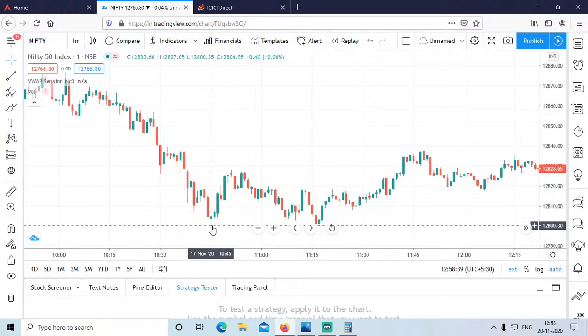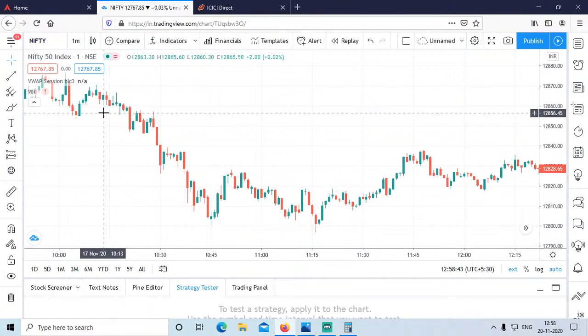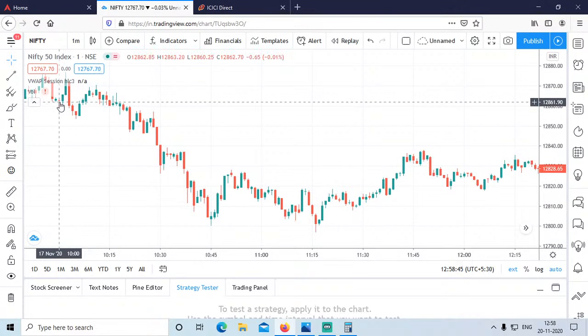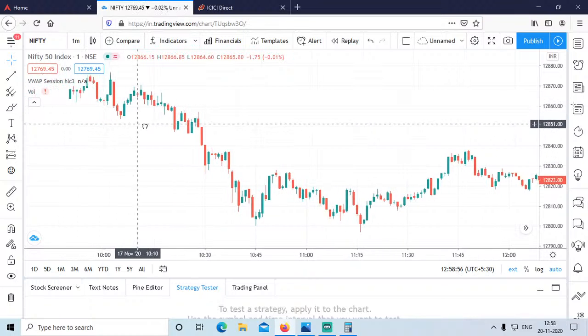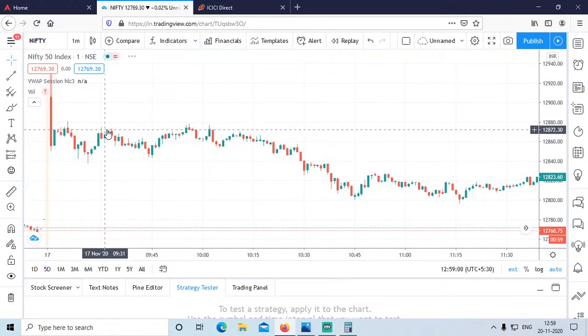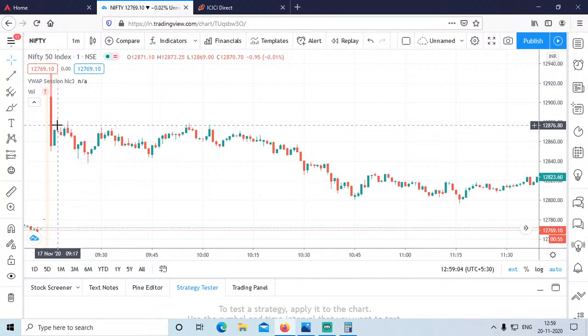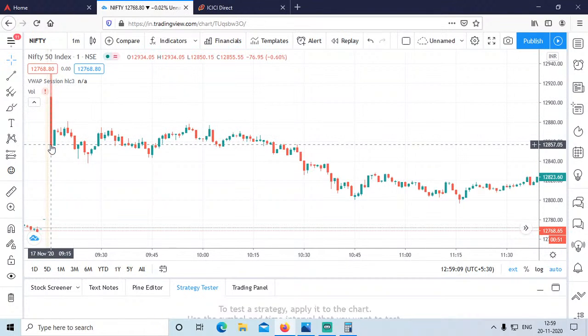So this first 1 hour we have to be careful enough. You can enter at any time, either 10 o'clock or 9:30 or 9:15, any time you can enter. What we say is from 9:50 to 10 the market may settle. For example, here at 9:17 there was a huge gap down opening.